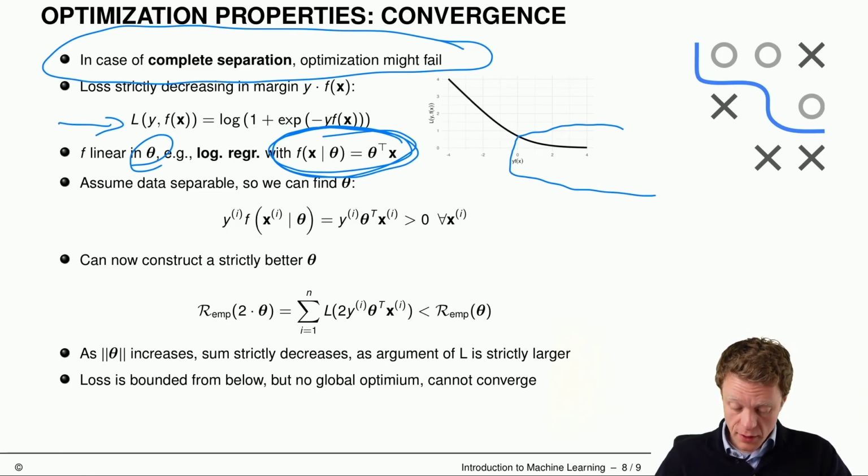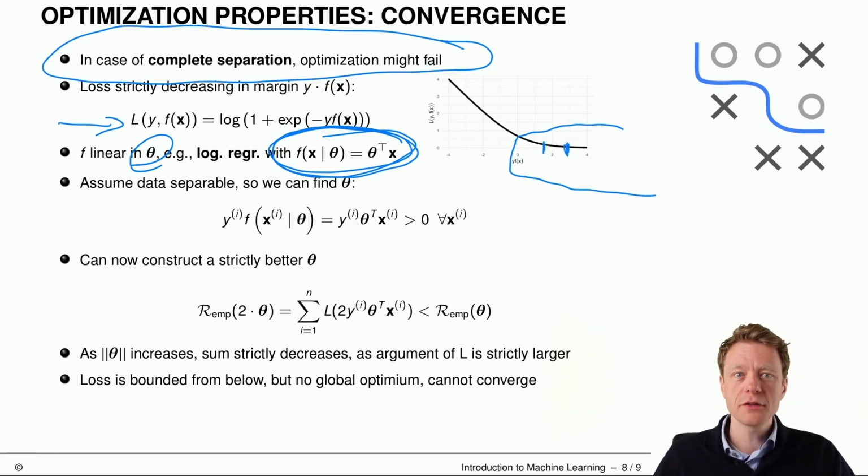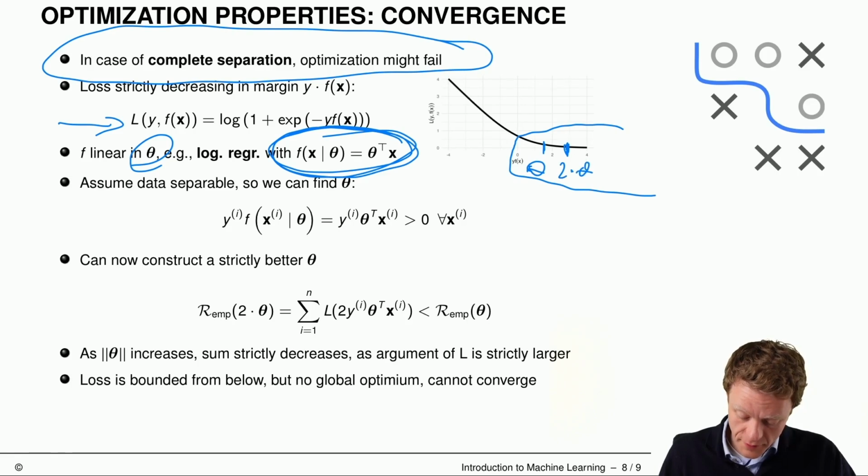And the problem is now, if we have a model that gives perhaps a margin of this value here, 1.5, and if I now just say, okay, I multiply theta by 2, then the margin is multiplied by 2. So the loss is strictly lower than before, right? So this is for theta, this is for 2 times theta.